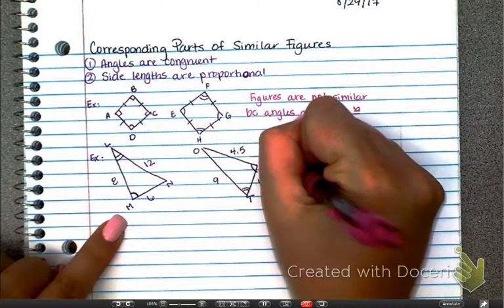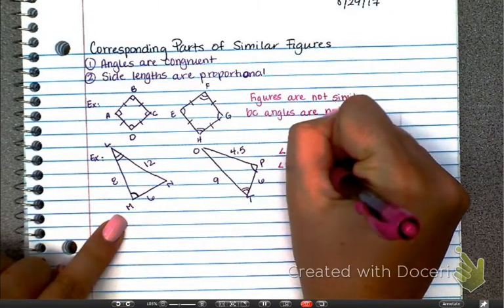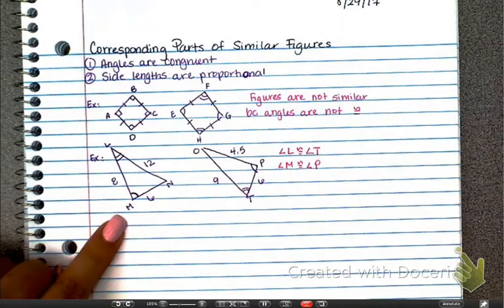Angle M is congruent to angle P. Now, N and O don't have any marks. Do we know if N and O are congruent? Yes? Why? Because if L and M are congruent, then the other one's going to be congruent because it always equals 180 degrees.